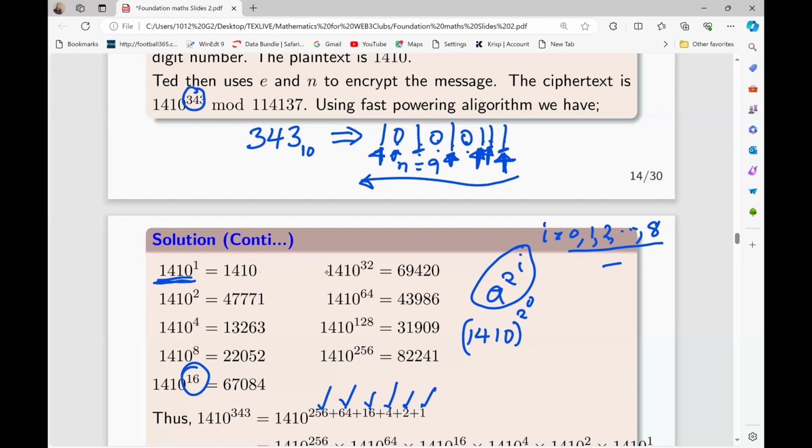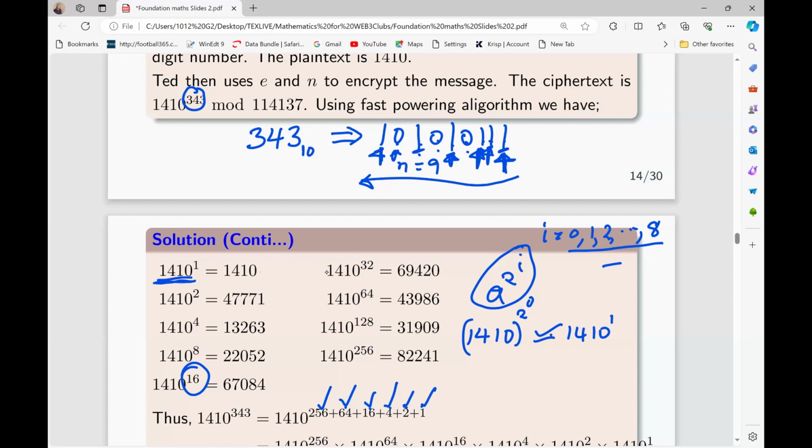So I can just come straight away and do the first one, which is this. That is 1410 raised to 2 raised to I, where I is 0. So 2 raised to 0 is 1. So what we have here is just 1410 raised to 1.